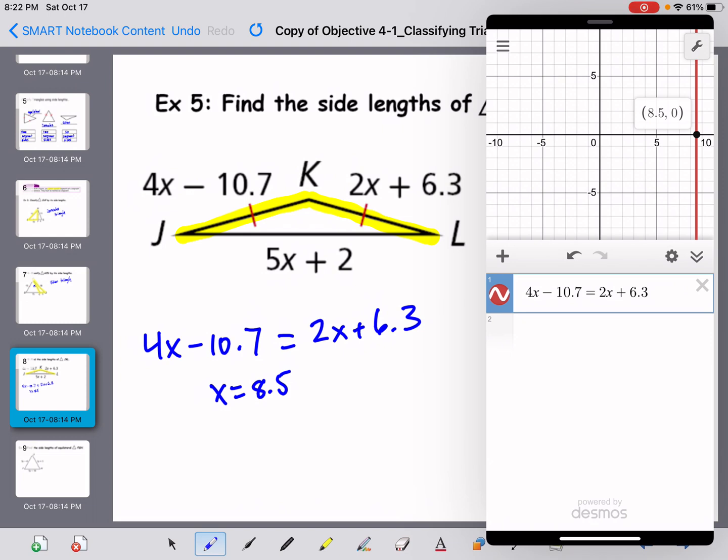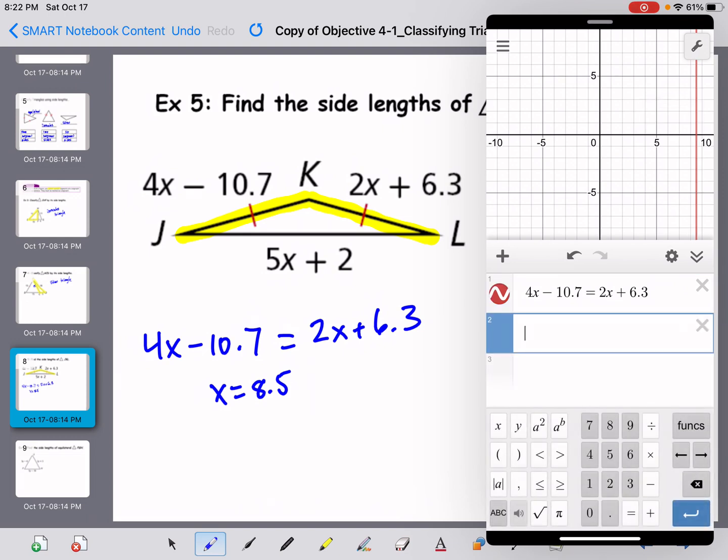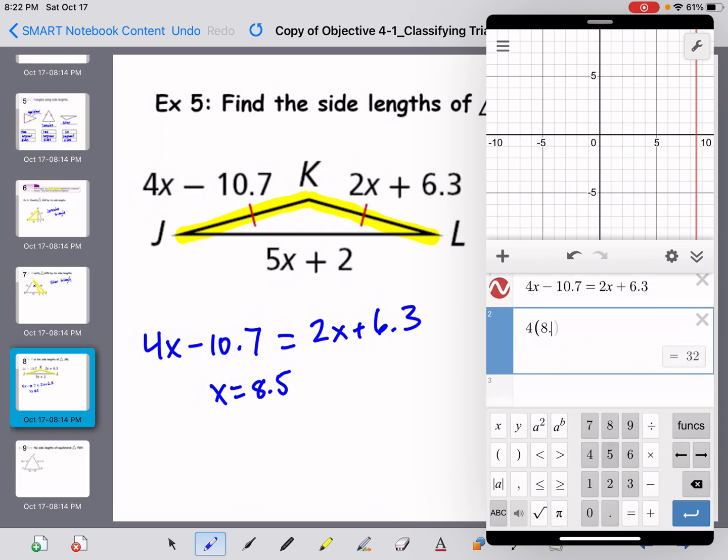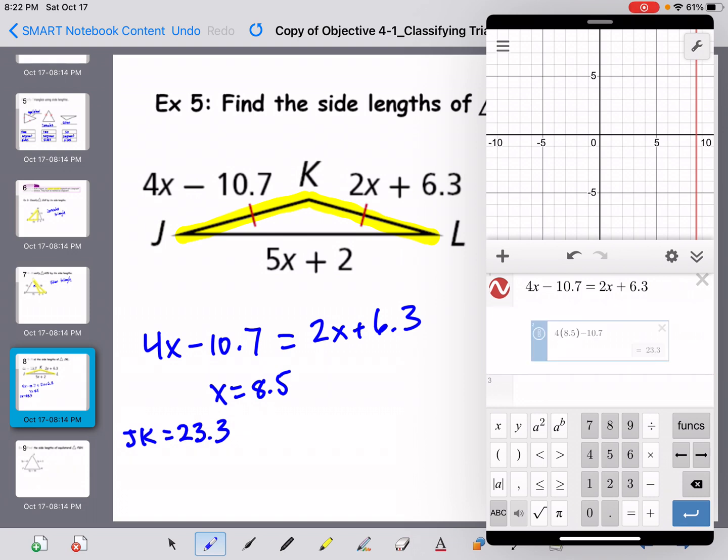Now, it wanted to know what each one of those side lengths was. So I have to take that 8.5 and substitute it into the expression. So one side, JK, equals 23.3.